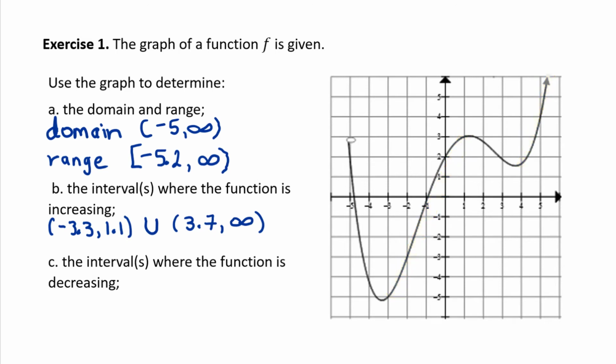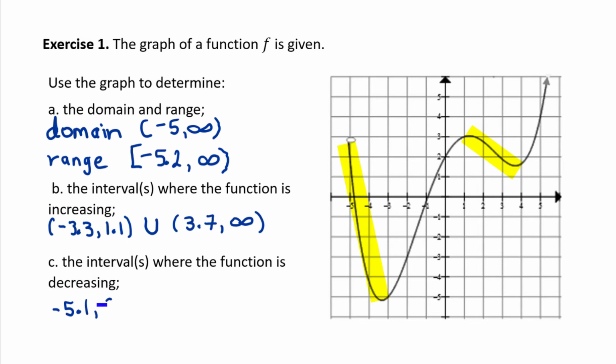C. The intervals where the function is decreasing. The graph travels downwards on 2 disjoint intervals. As it traverses from x equals about -5.1 to x equals about -3.3.